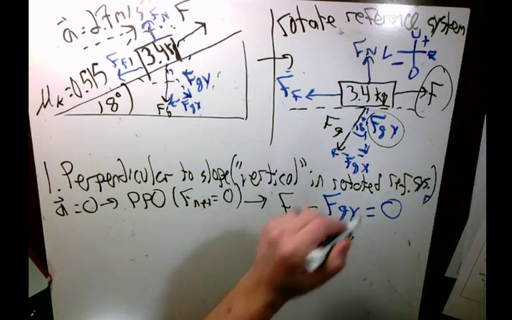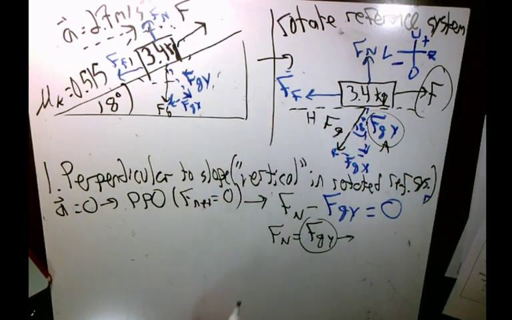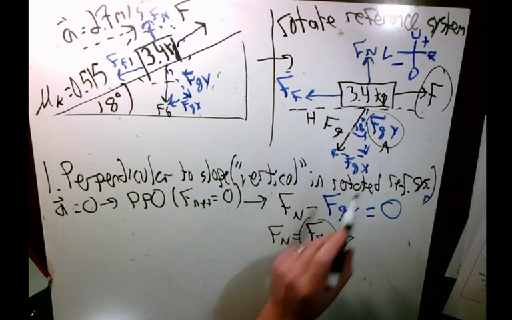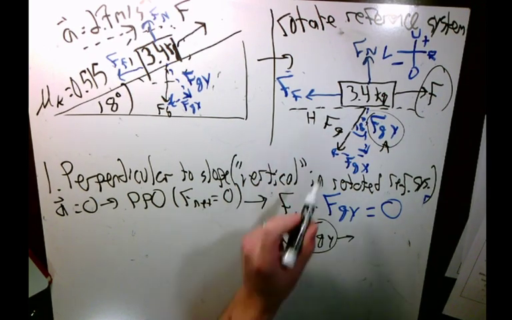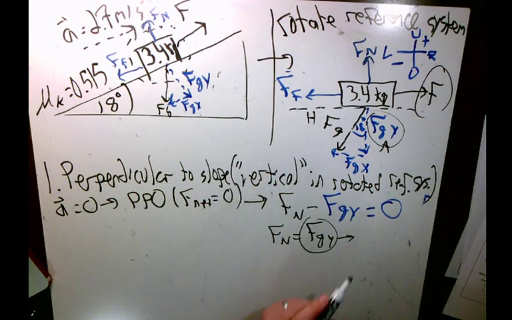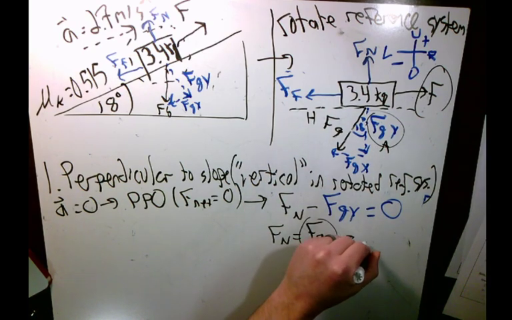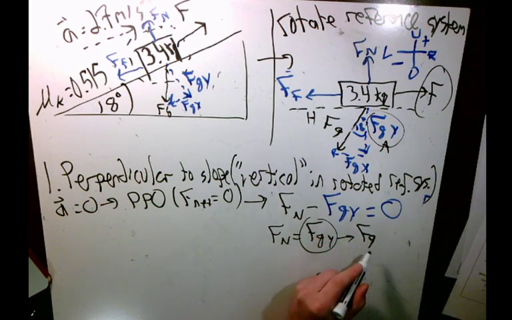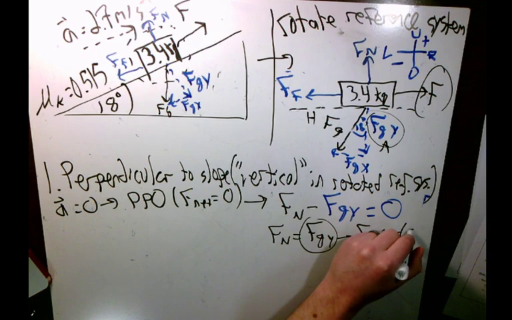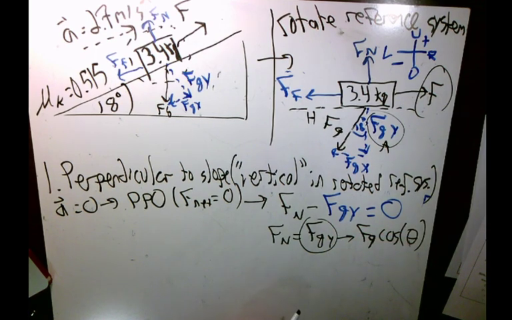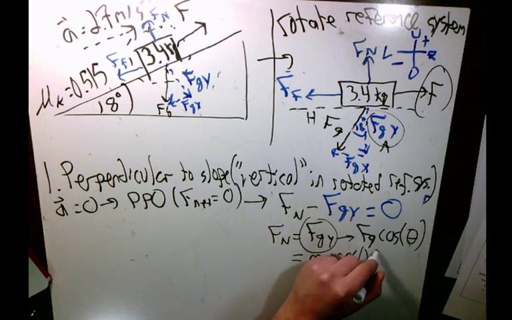and this guy is the adjacent side of my hypotenuse. So I'm going to use my cosine function, and I'm going to multiply it by Fg to solve for the y component. So I have force of gravity times cosine of my angle is equal to FGY, where the force of gravity, this is just our regular force of gravity, is equal to the mass times gravitational constant times the cosine of my angle, which is 18 degrees.